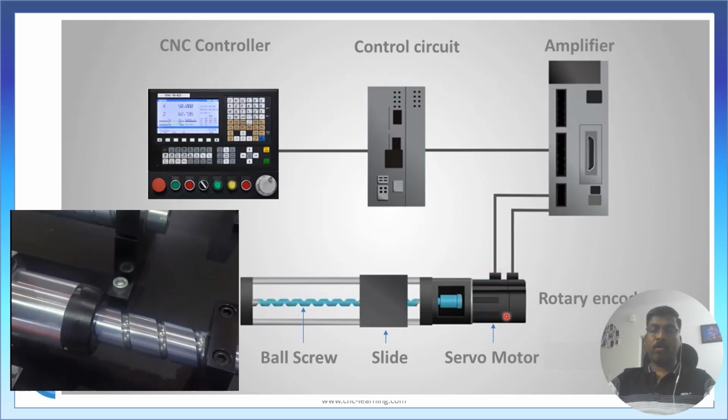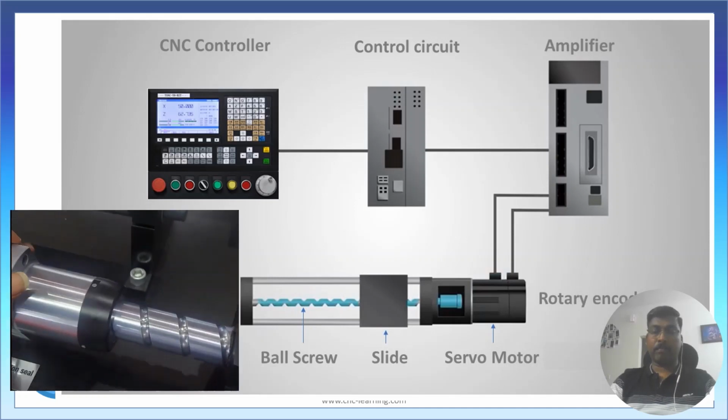So the rotary encoder will check exactly the movement, and any difference found will be fed back to the system, and accordingly the compensation of the movement will be given.